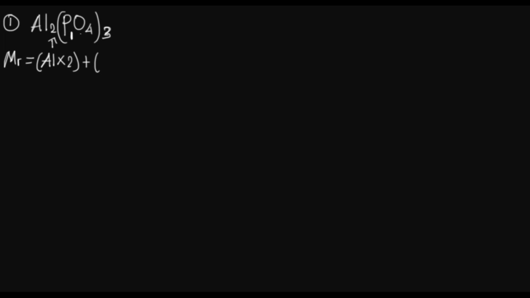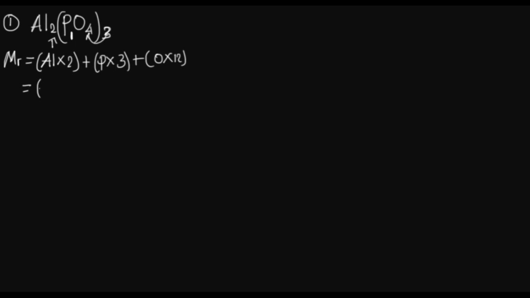Each element inside the bracket must be multiplied by the number outside. So we'll say phosphorus multiplied by 3, plus oxygen. For oxygen we multiply 3 times 4, which is oxygen times 12.